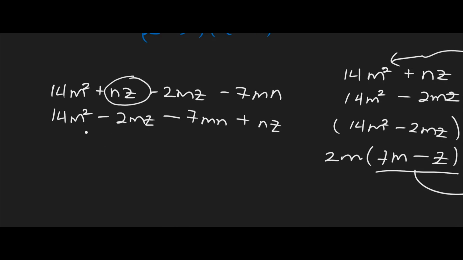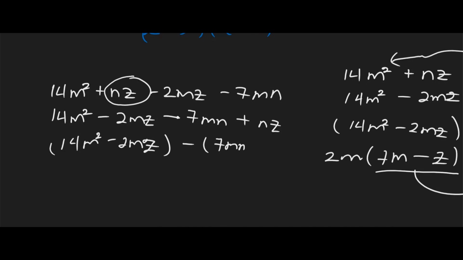So the first two guys in bracket, that's going to be 14. This 14 is not clear. I've got to clear these guys. So you have 14m squared minus 2mz in one bracket, minus 7mn.